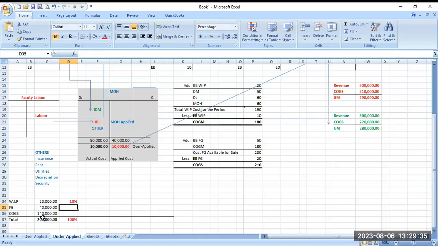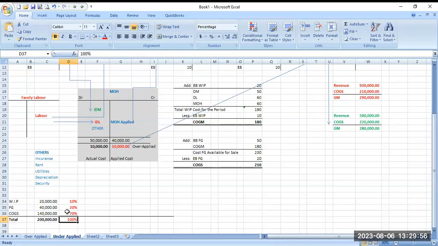What's the percentage of the finished goods in relation to the total? 40 over 200, 20%. What's the percentage of the cost of goods sold? Obviously, that will be 100% minus 10 minus 20, right? 70%.